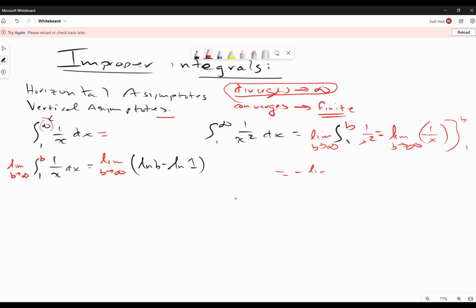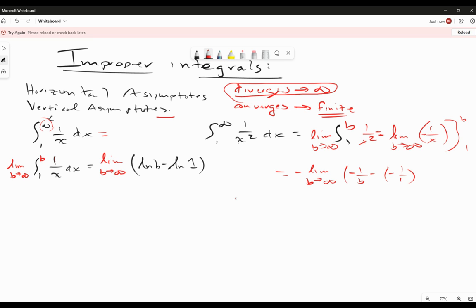limit as b approaches infinity, and then that is going to be negative 1 over b minus negative 1 over 1, and b is going to approach infinity, correct?